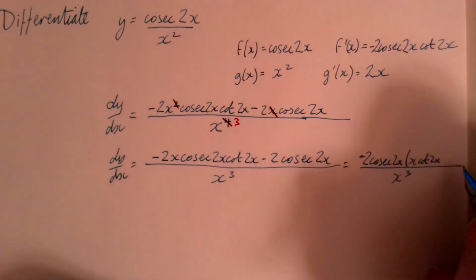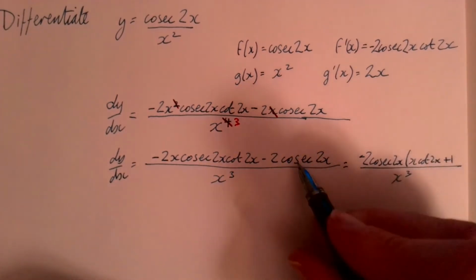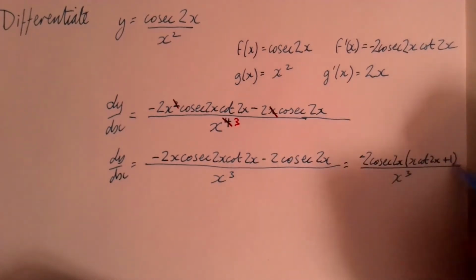So that's rather nice, and that's going to have to be plus 1, so that when we multiply it out we get the negative there.